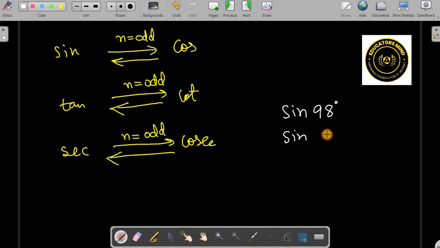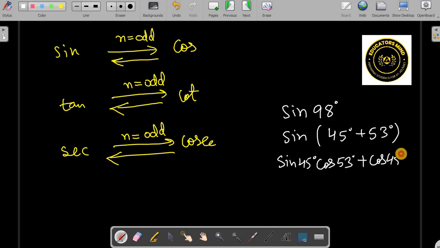So sine 98 can be written as what? 45 plus 53, isn't it? And now you know about these values. Sine of A plus B, you can split it here: sine A cos B plus cos A sine B, right?